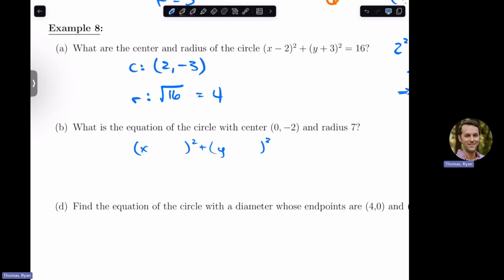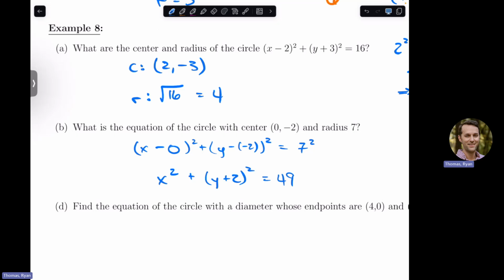The equation of a circle looks something like that. Go ahead. Okay, so really just x squared. Yep. Minus -2 or y plus 2. And then the square of the radius.